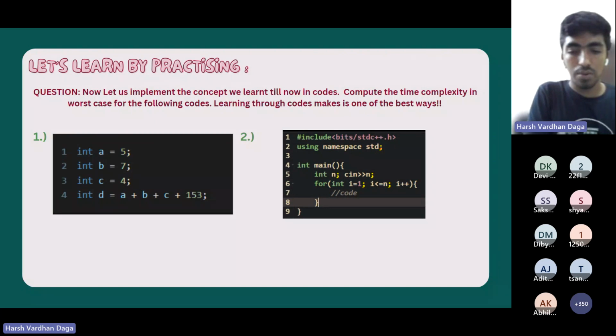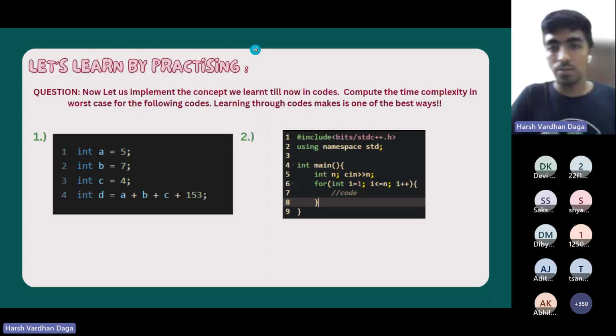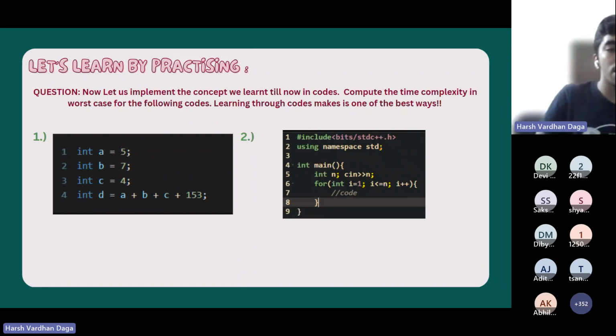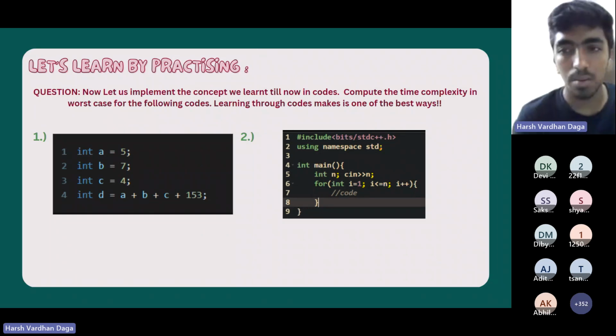So here are two questions that I will discuss, and I'll give you 2 to 3 minutes to attempt. I would request you not to write the answer in the chat box and to try these ones. You have to represent these codes in terms of big O notation.